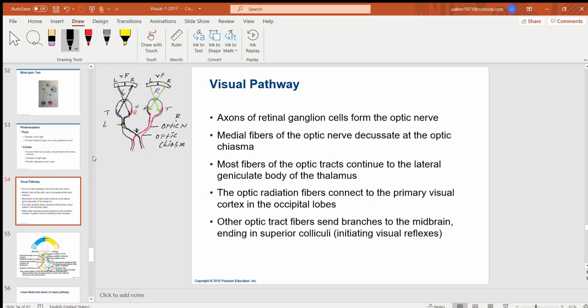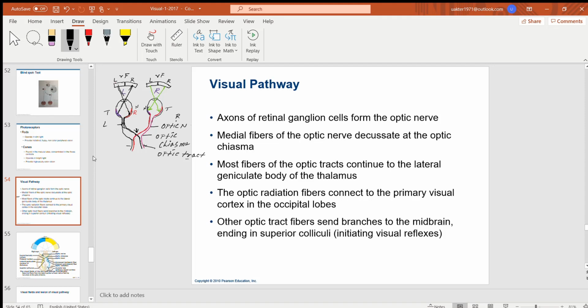Okay, then so here some crossover, significant, about 60% fibers cross over. Okay, go to the other side, 40% fibers stay in the same side. And then after the crossover, next is the tract. So this is the optic tract.